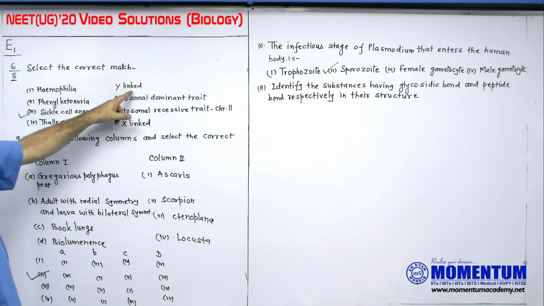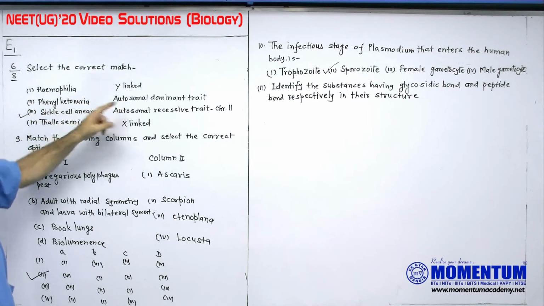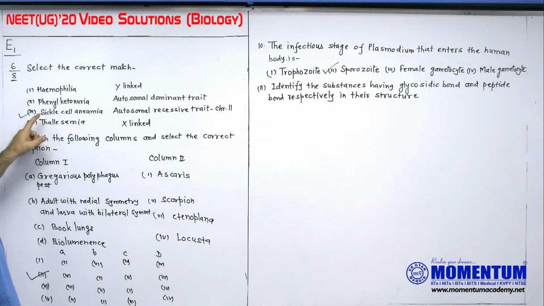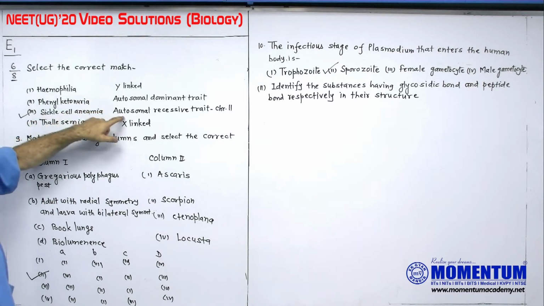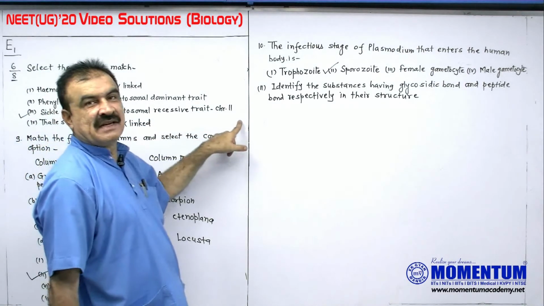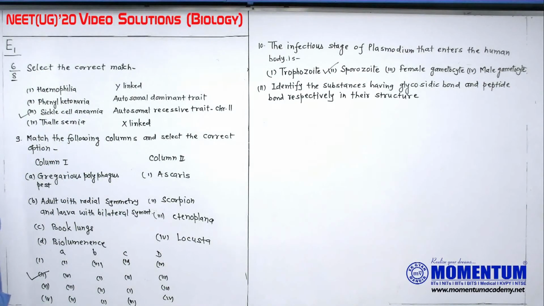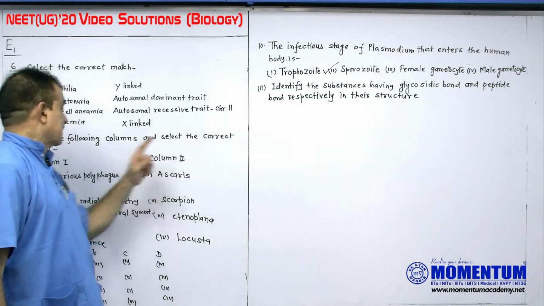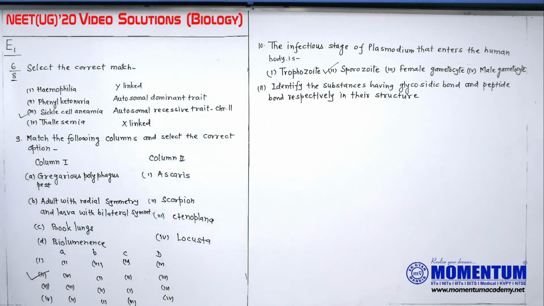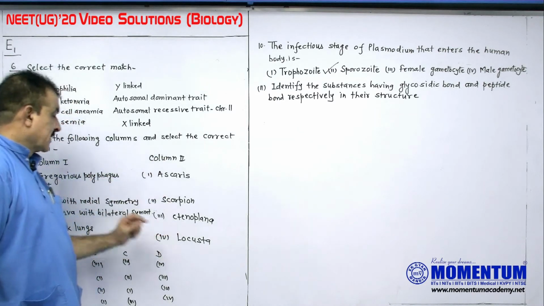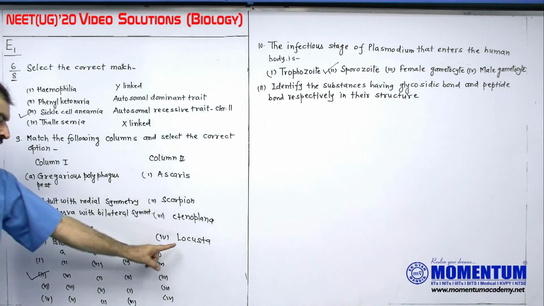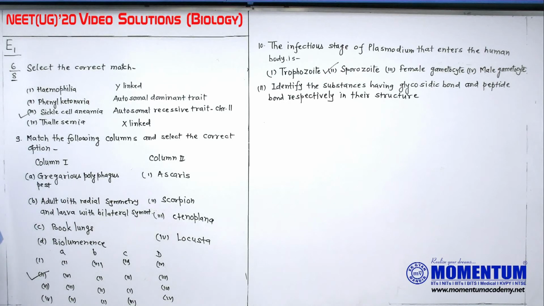Now see, hemophilia Y-linked, phenylketonuria. Then you can see sickle cell anemia is an autosomal recessive trait. Then match the following columns and select the correct option. If you match it, there is only one pest given out of 4, that is Locusta.